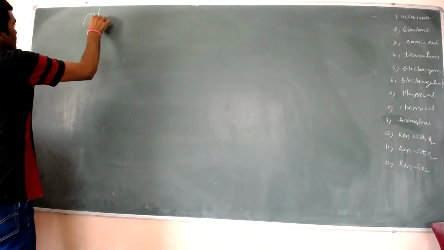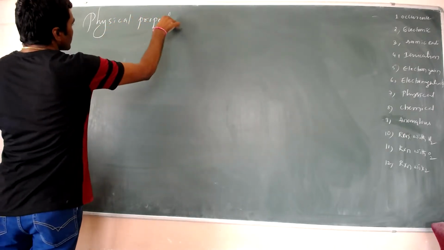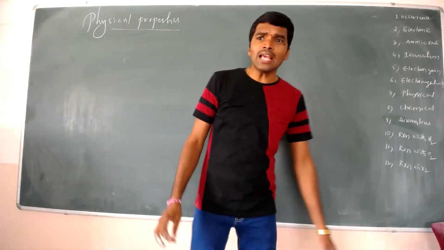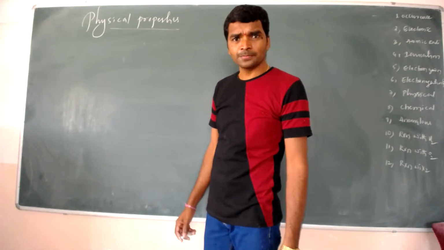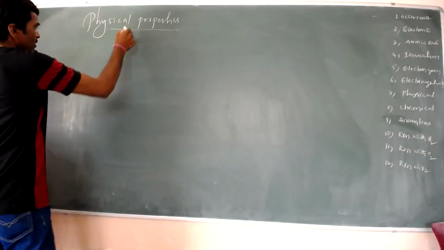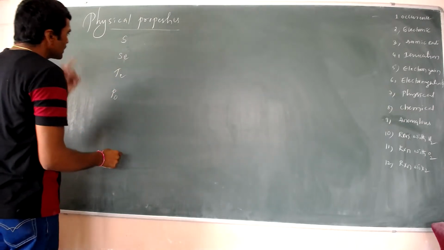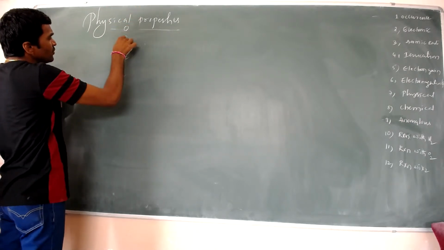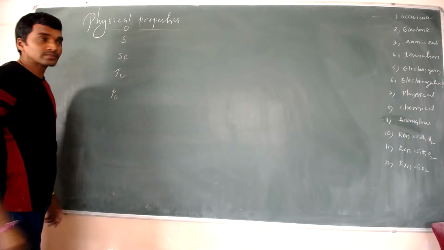Some physical properties. You see physically how they are. Oxygen, sulfur, selenium, tellurium, polonium.